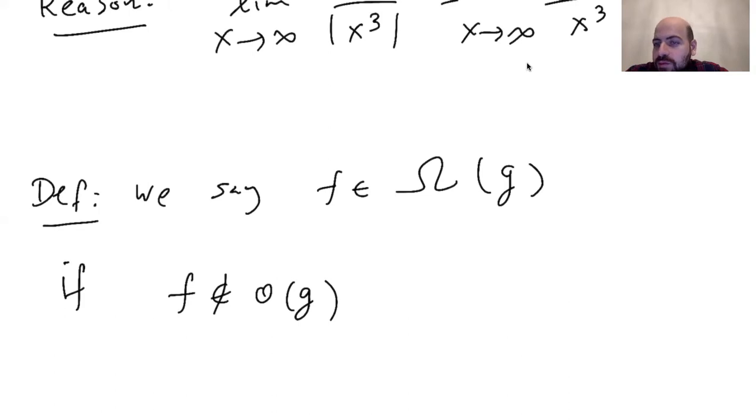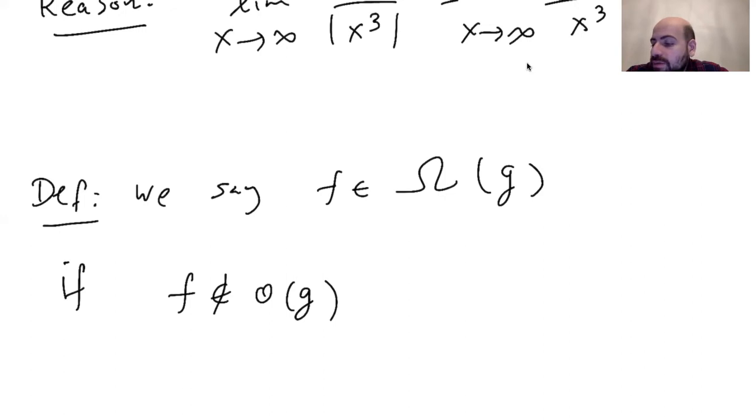Well, this is one way to define it, but what is the equivalent way to define this? When can I say that f does not belong to small o of g? If the limit of the absolute value of f over g is not 0. So if the limit of the absolute value of f over g is something positive, of course, that's one of the possibilities where I can say f does not belong to small o of g, and therefore it's capital Omega of g.